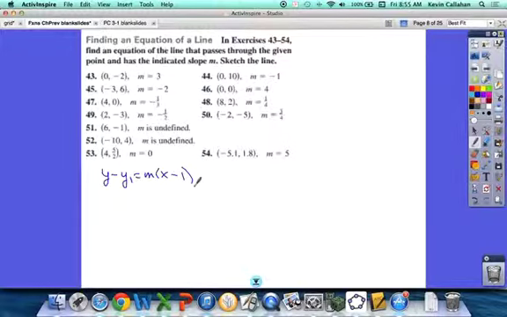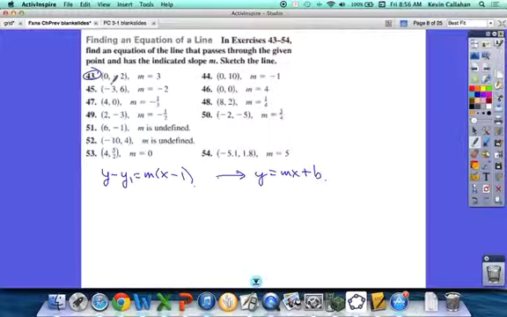Okay, now, if the goal is to put it into slope-intercept form, to go from there to here, y equals mx plus b, then you might notice, for example, on number 43, that you have a slope and you have a point, but that's not just any point.